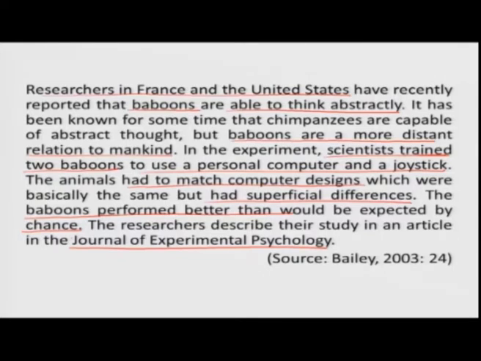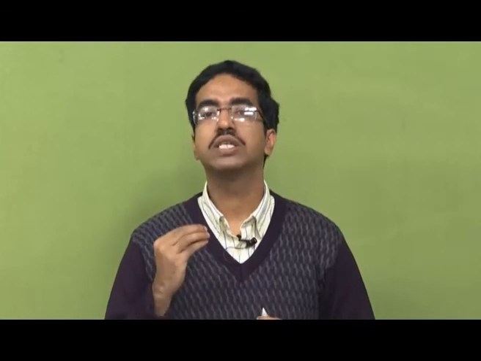So, in any experiment there is always some chance factor involved. So, they did it by just luck, by just chance. So, there is always that kind of possibility, but the researchers are here very clear that whatever they did, whatever the way they performed was not by chance. So, it clearly meant they were able to think and act upon it.